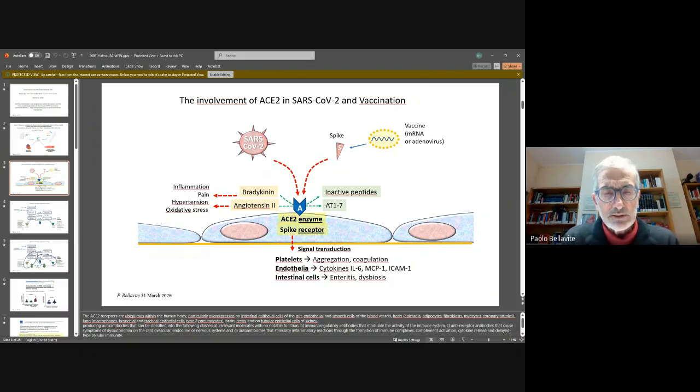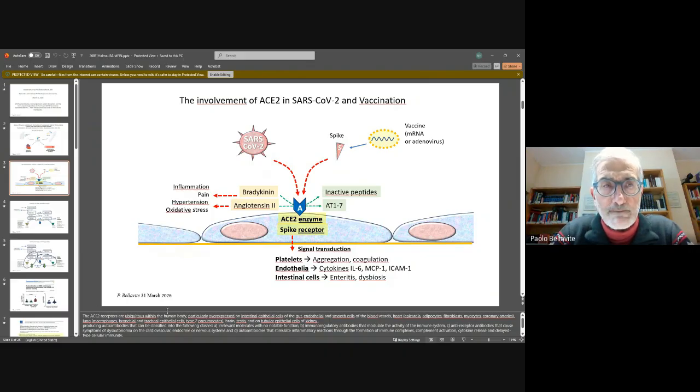As an enzyme, it is a key element of the renin-angiotensin system, and as a receptor, in addition to facilitating the entry of the virus into the cell, it can activate cellular responses such as platelet aggregation, cytokine production, and intestinal mucosa dysfunction. Moreover, another key function is to metabolize bradykinin, which is a mediator of inflammation and pain. Today, we focus on the issue of the renin-angiotensin system.